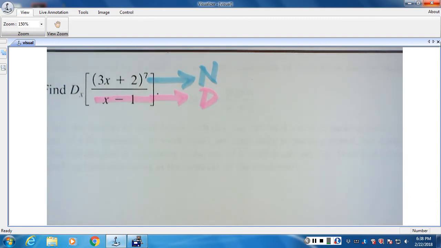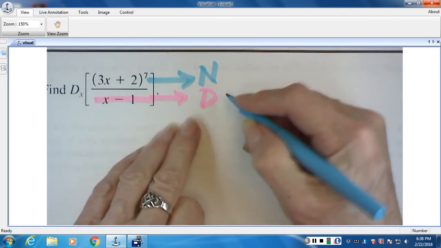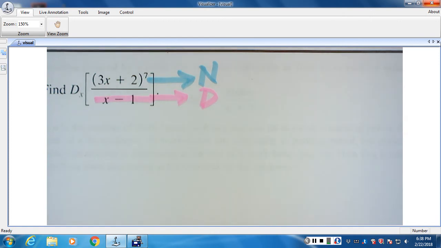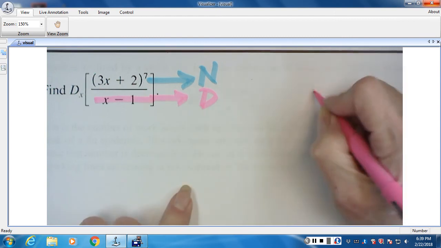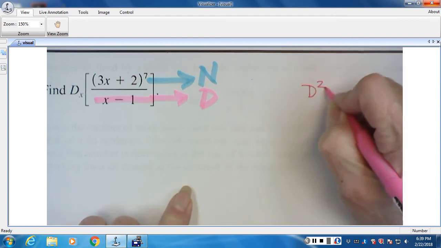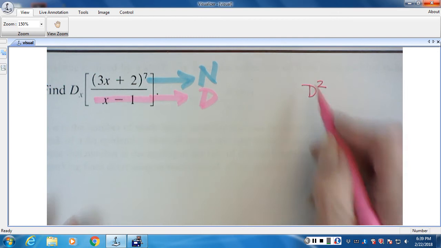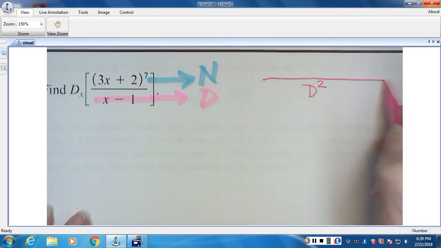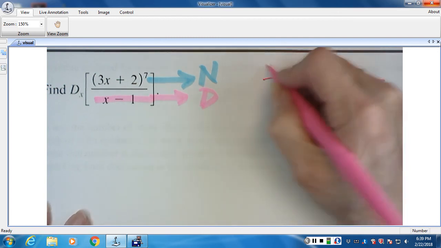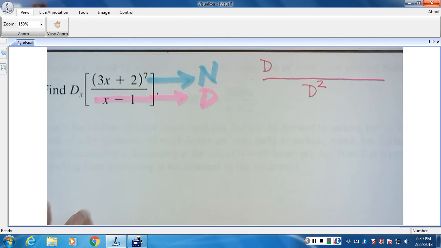And what the quotient rule says is that you begin with the denominator. You always begin with the denominator. And you square the denominator. And then you start off in the numerator with the denominator. So you begin at the bottom.